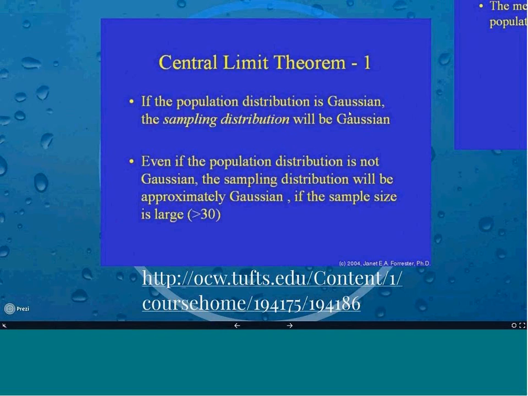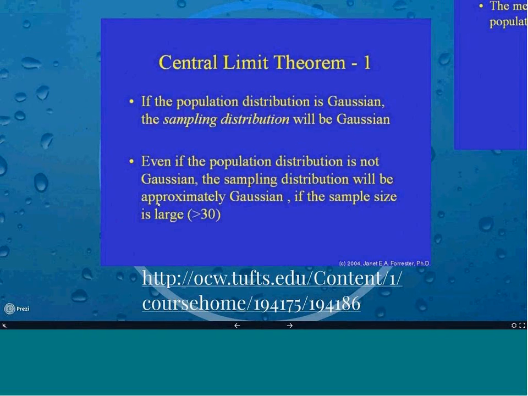Where is this Gaussian data? Is it something new? No, Gaussian is basically another word to explain normal distribution. So this sentence is saying, if the population distribution is normally distributed, then the sampling distribution will also be normally distributed. That is to be expected.